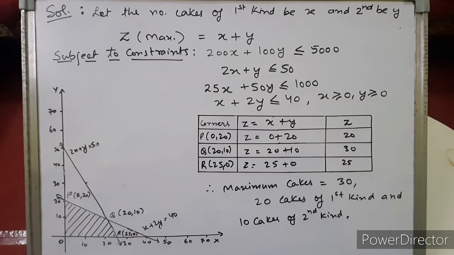So the portion below this line will be considered as less than, the portion above this line will be considered as greater than, and the portion on this line will be considered equal to. So we have less than inequality here, so the portion below will be considered, and here also less than inequality, so the portion on the left hand side will be considered as less than, and the portion on the right hand side will be considered as greater than. So this will be the feasible region or the solution of the inequalities.